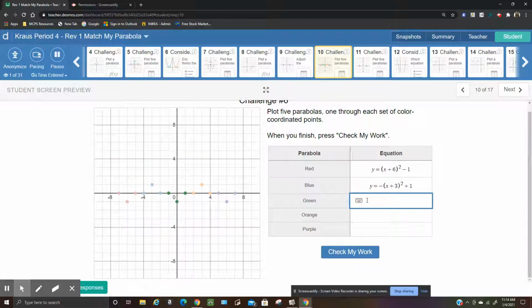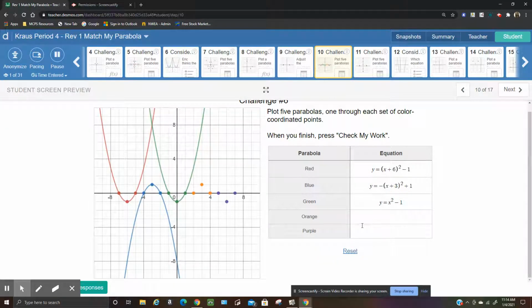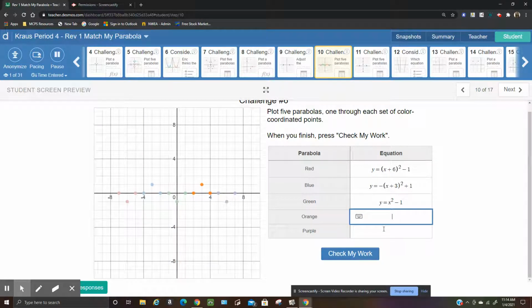And then the green one, +0, 1. So 0, -1. All right, and then the orange one, it's going to be negative x -5 squared.